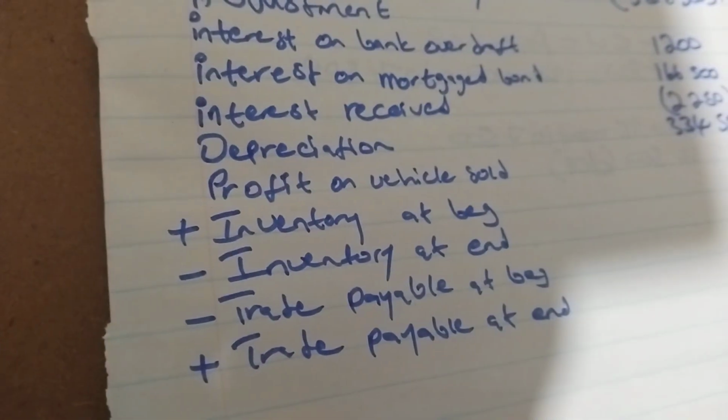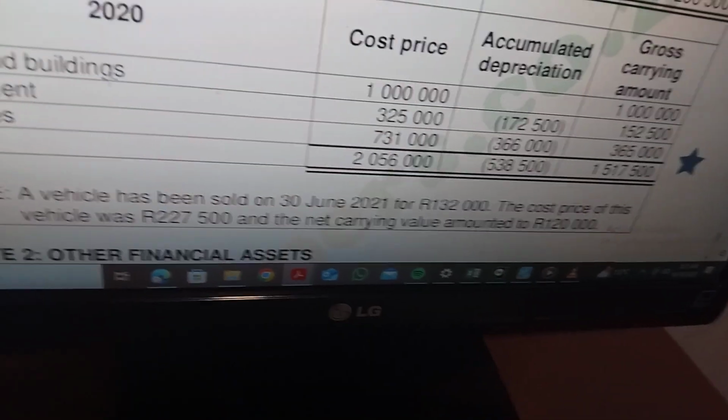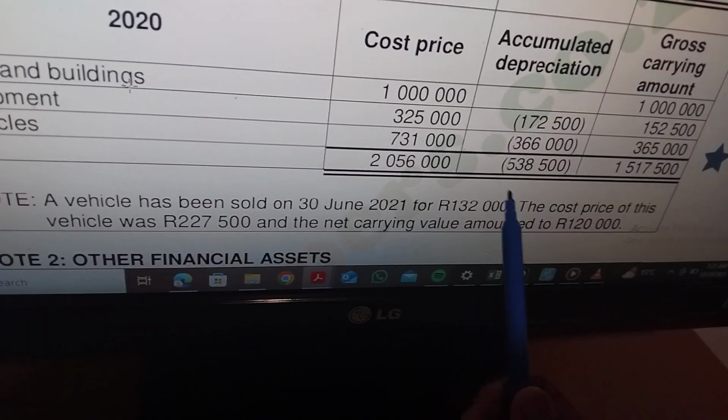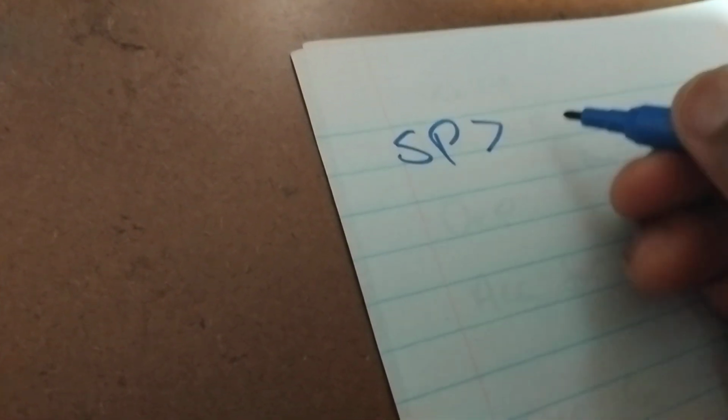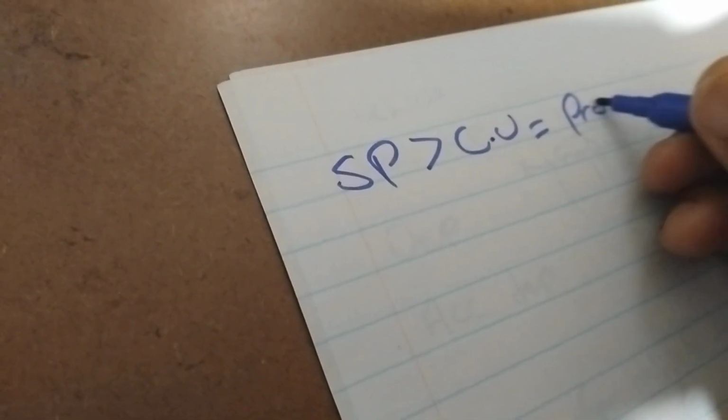This is a depreciation. So the profit on vehicle, we're going to get the profit on the vehicle here because our selling price is high. Your selling price must always be higher than your carrying value in order to get your profit.